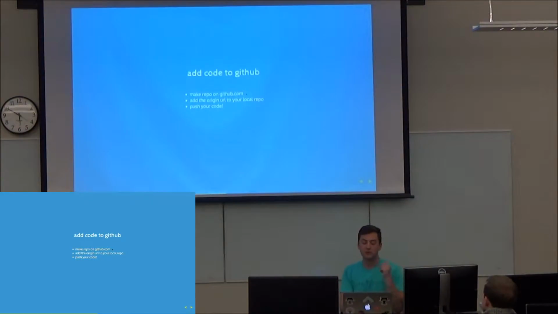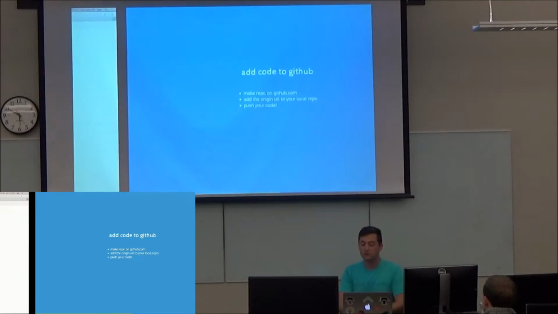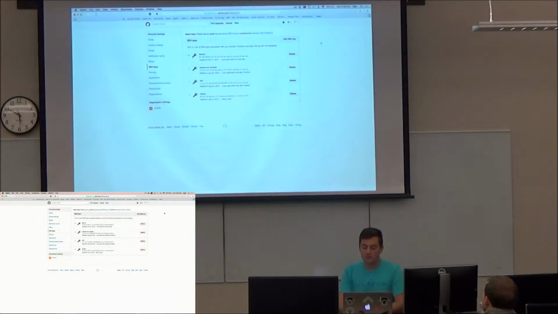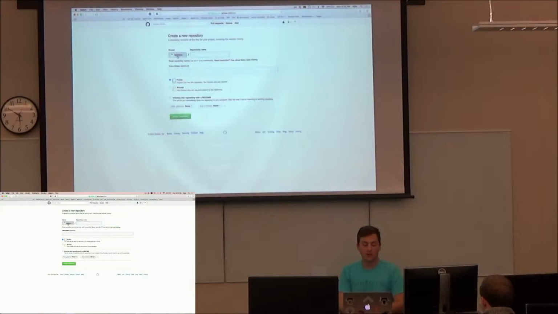All right. So now that our SSH keys are set up, we can easily add code to GitHub. But to do that, you first need to make a repo on GitHub and add that URL to your local repo. So to make a repo, use the plus button up here and New repository. I'm going to do it as ACM so that you guys can do a cool thing later.